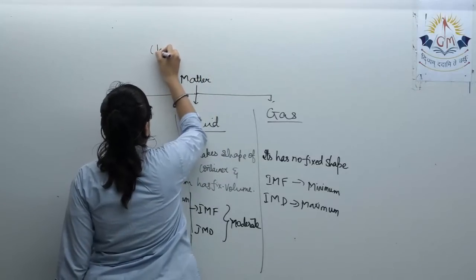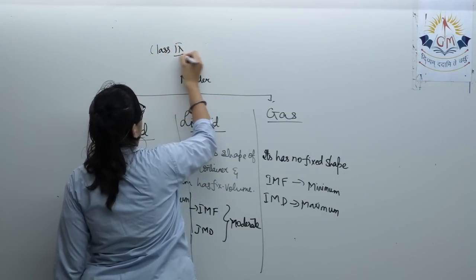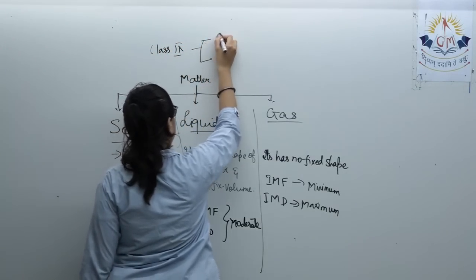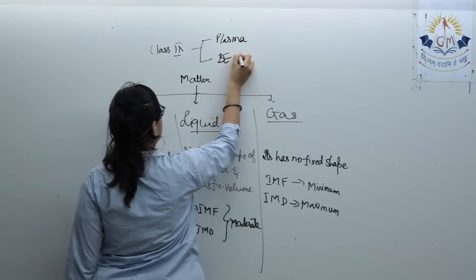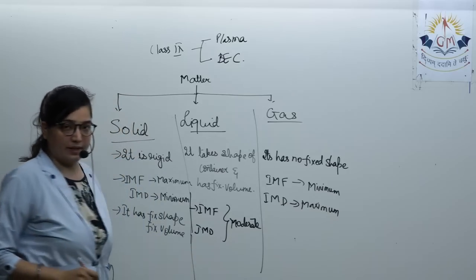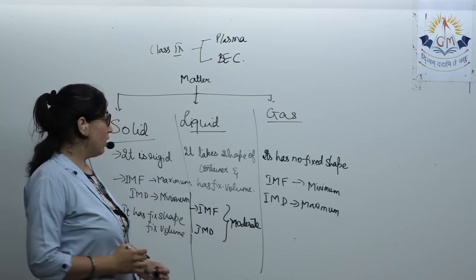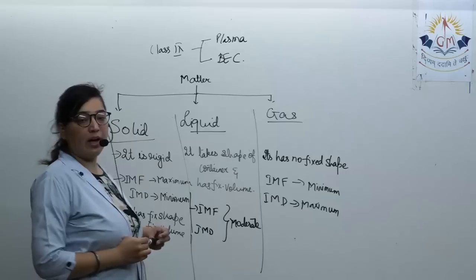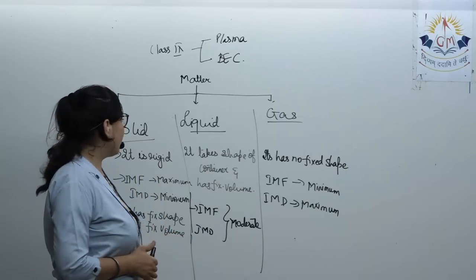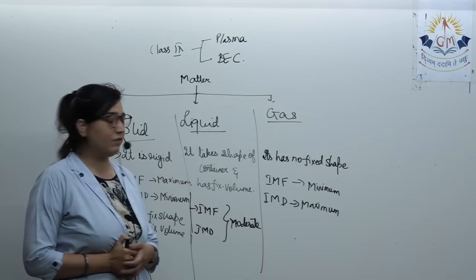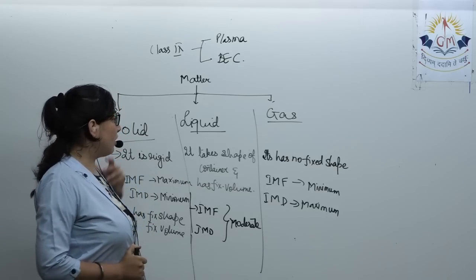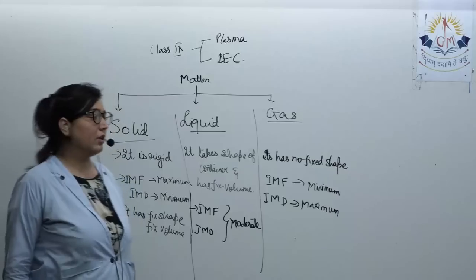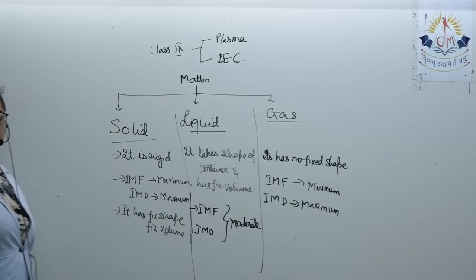In class 9, there are two more states of matter, which are plasma and Bose-Einstein condensate. In today's session, we are going to see one of the interconversions of these states of matter. First, note down these basic things about matter, then we will move further.